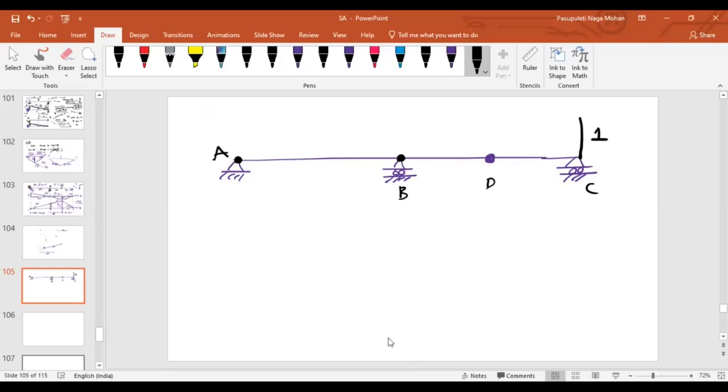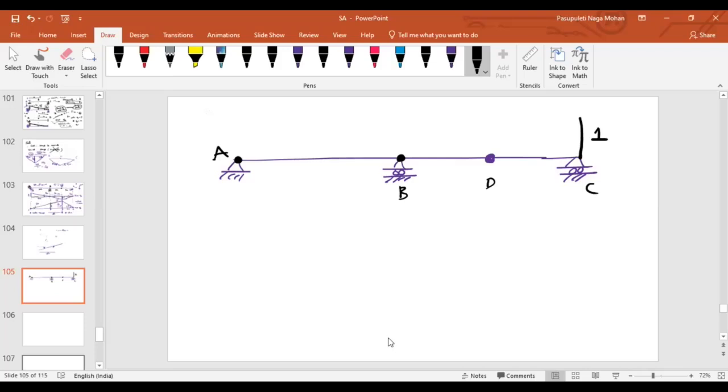Linear lines, right? The best example for this is to imagine your complete hand: shoulder, joint, and then your fingers. At your fingers, imagine it is support C. The in-between joint, imagine this is joint D. And then the shoulder, imagine it as support B.